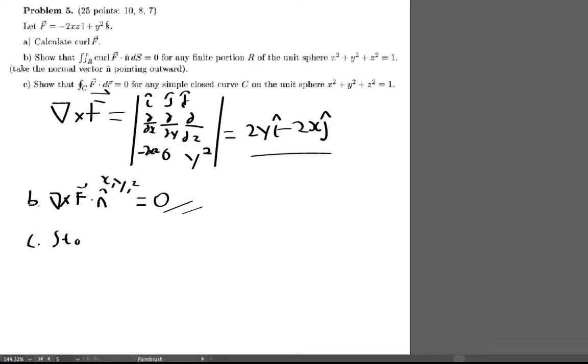By Stokes, it's going to be true. So I don't really need to compute the entire thing because I know about Stokes' theorem. Stokes' theorem basically states that this guy here can be converted into this guy. That's basically the short story. But yeah, I guess that's all.